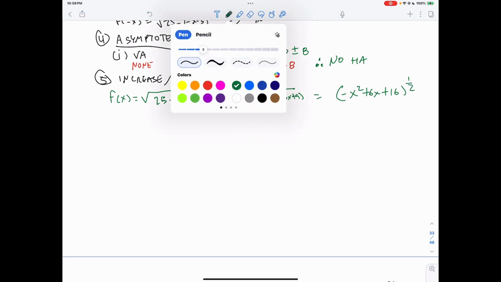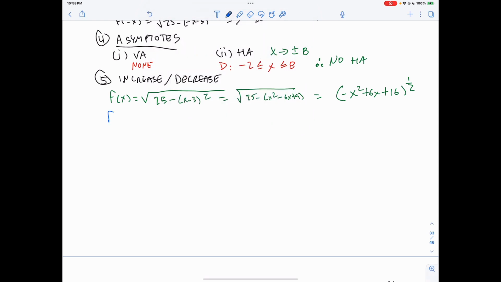When I take the derivative of this, I'm just going to use the chain rule. And I'm going to get 1/2 times (negative x squared plus 6x plus 16) to the power of negative 1/2 multiplied by (negative 2x plus 6).